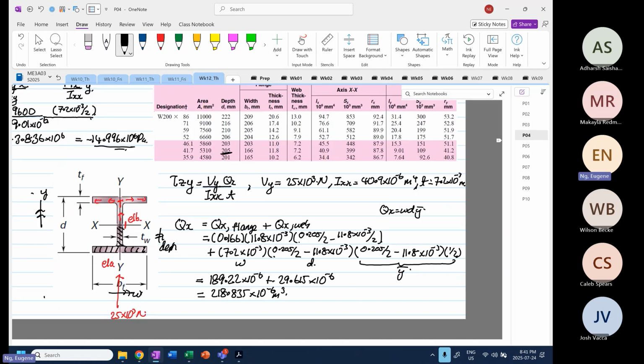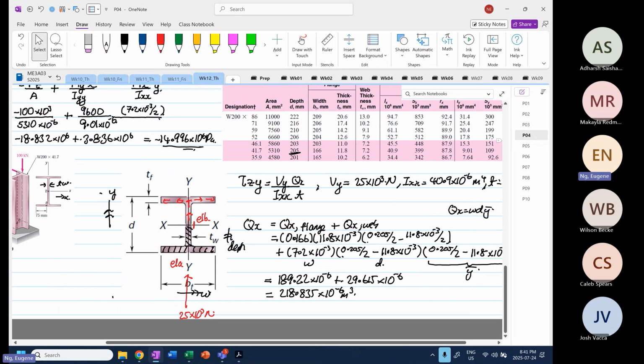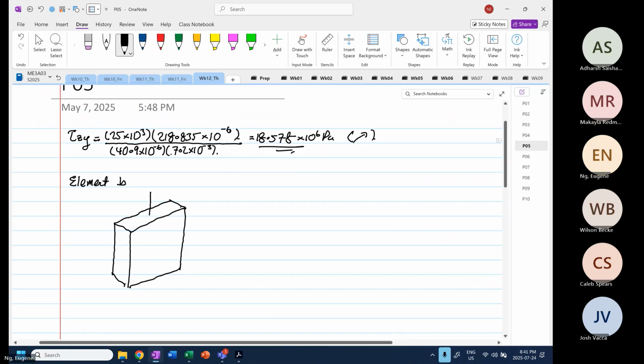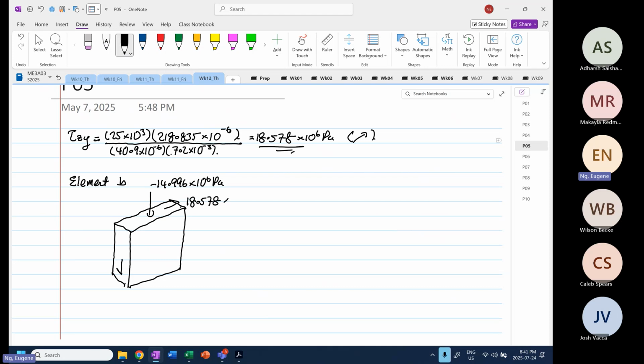So we know on element B, our normal stress is now in compression, minus 14.996. And then we have our shear in this direction, and this is equal to 18.578 times 10 to the power 6 Pascal.